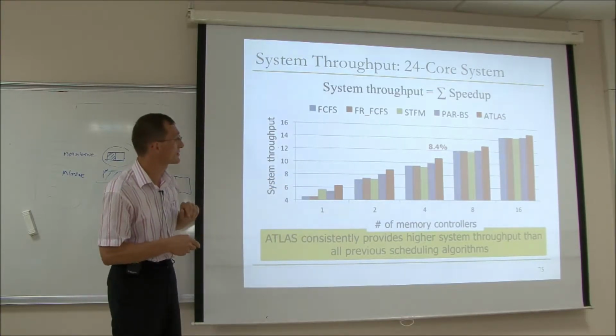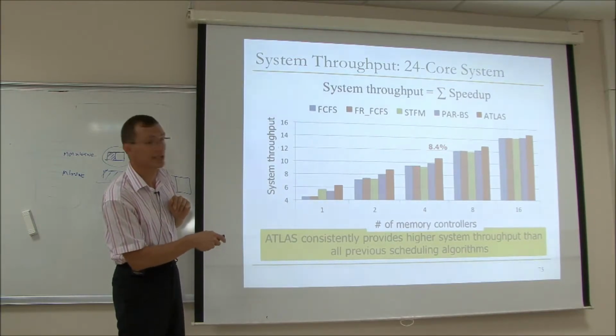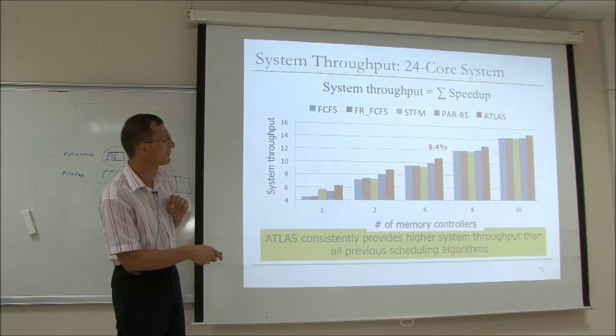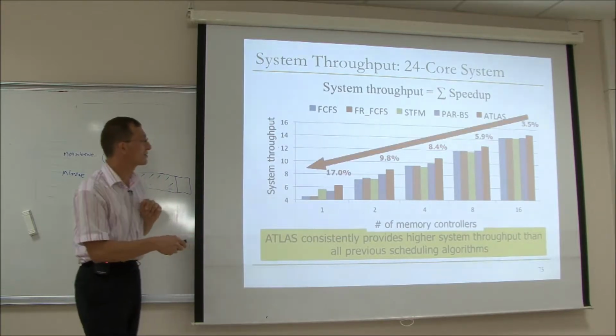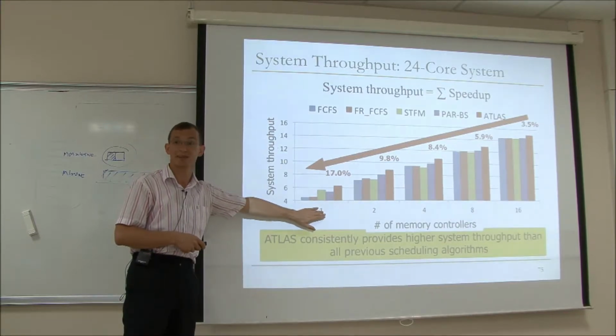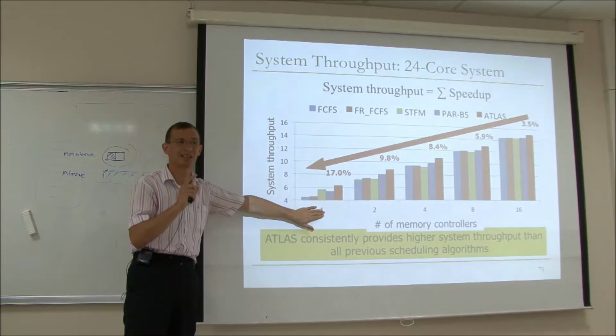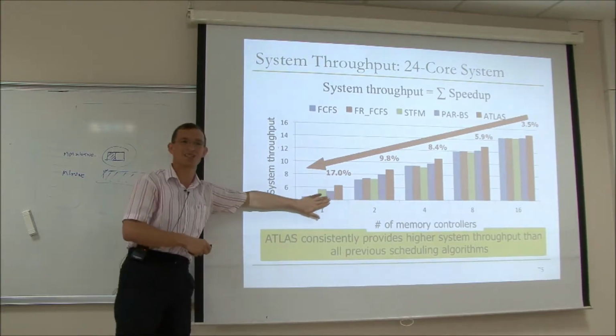The performance compared to the best previous algorithm, which is parallelism-aware batch scheduling, is 8.4% better here with 4 controllers. And as you reduce the number of controllers, which means the system is becoming more bandwidth limited, you have 24 cores banging on a single controller, the performance improvement is high. You would not build a system like this. It's a bad design.